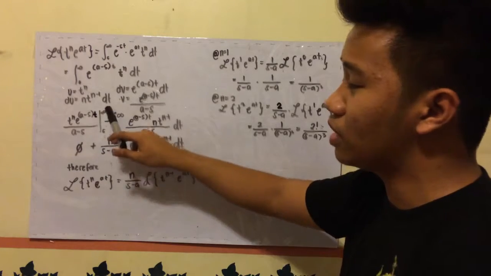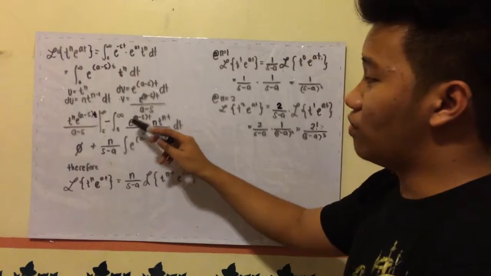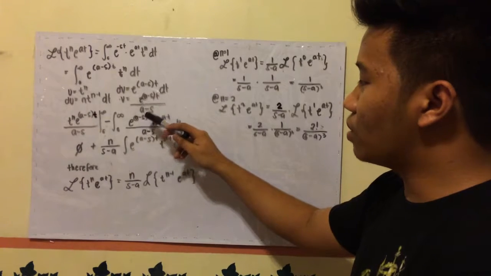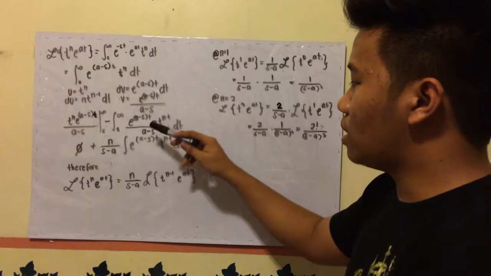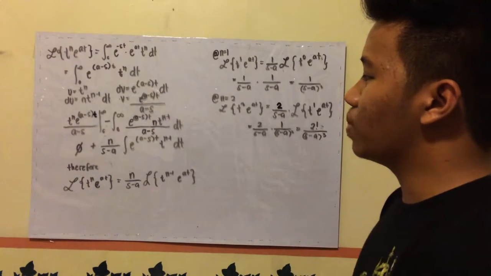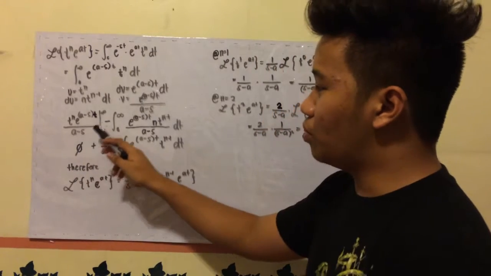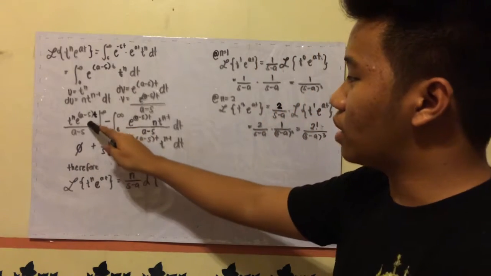So don't forget these limits, minus the integral of e raised to (a minus s) times t and t raised to n minus 1 over a minus s dt. So if you're wondering how we get this 0, we plug in those limits in this equation.